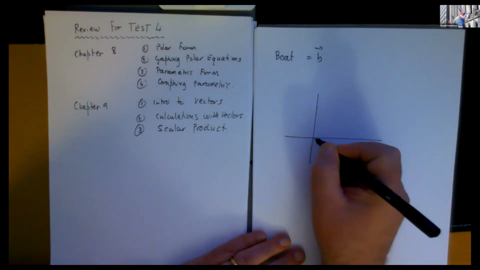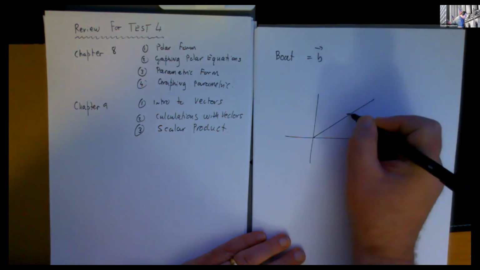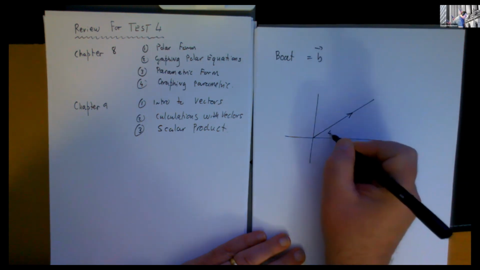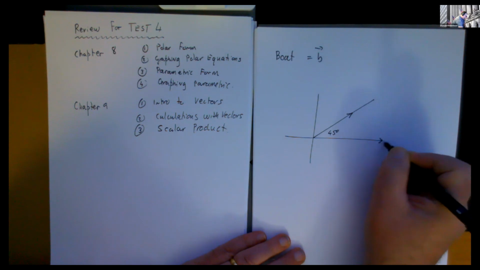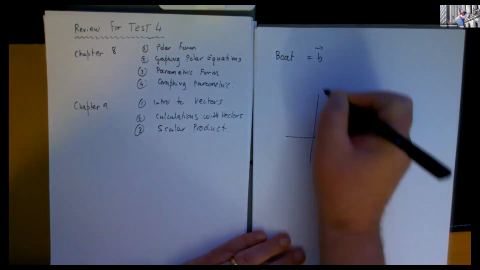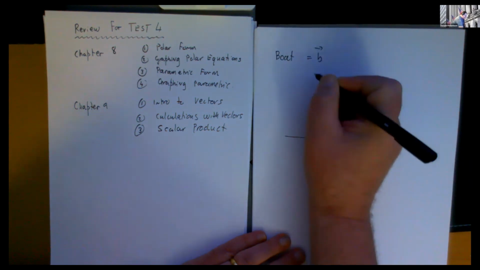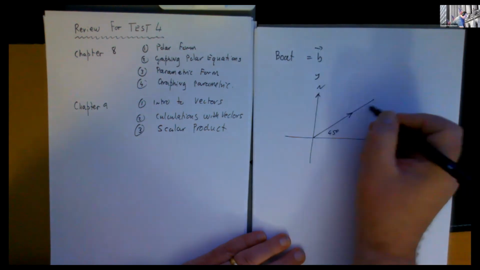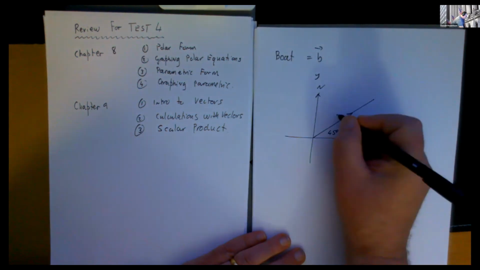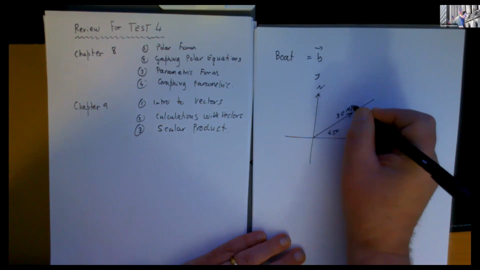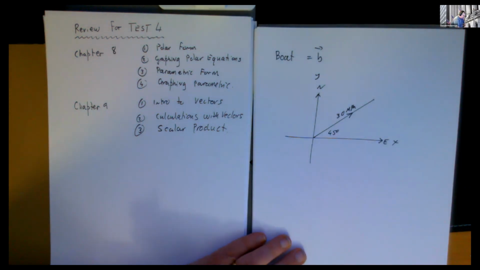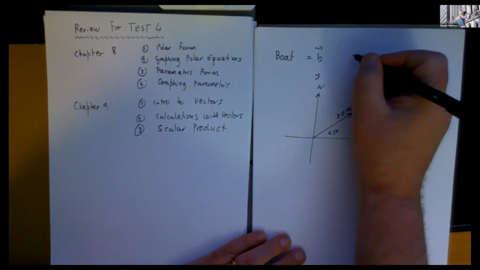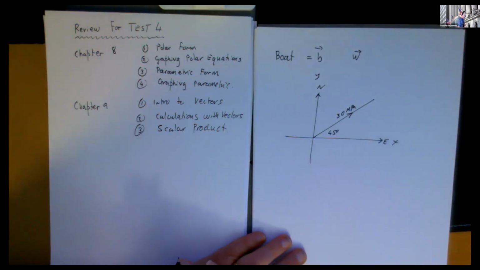Well, the ship is going to be sailing northeast, which is 45 degrees, because that's east, the x-axis, and that's north, the y-axis. And it's sailing northeast at 30 miles an hour. And then we have a wind, because this is a sailing boat, I guess, and the wind affects it.